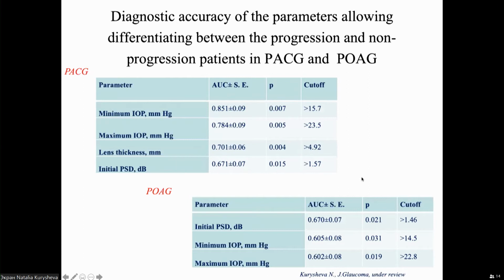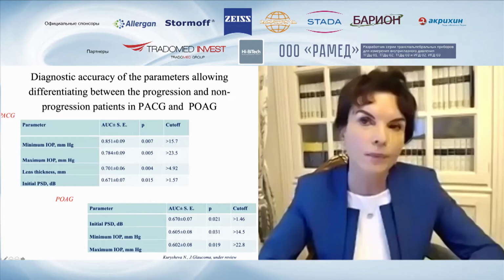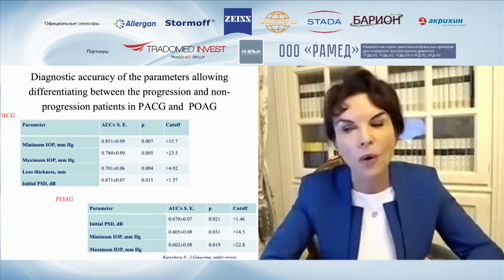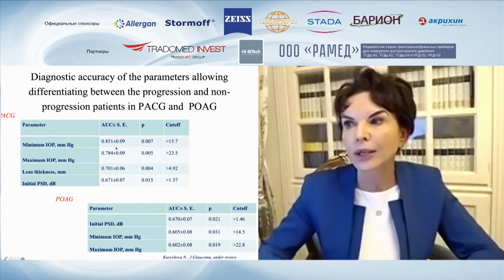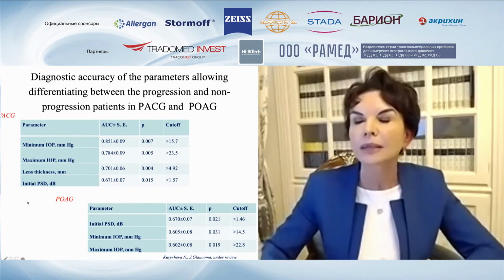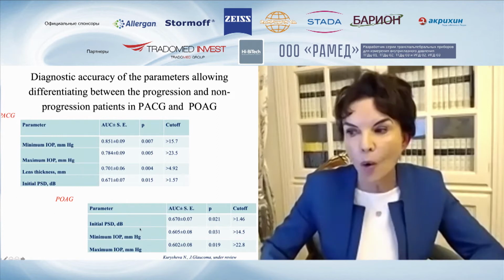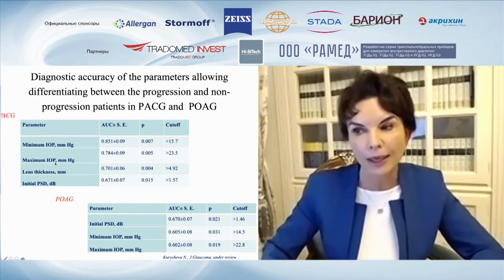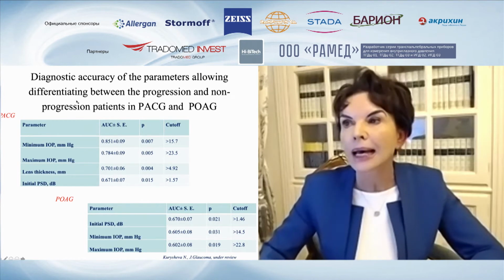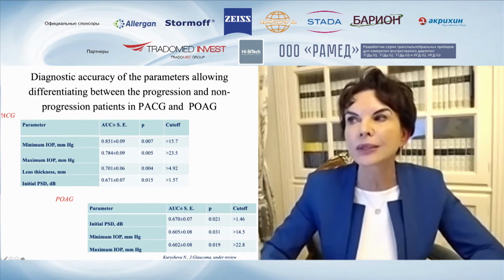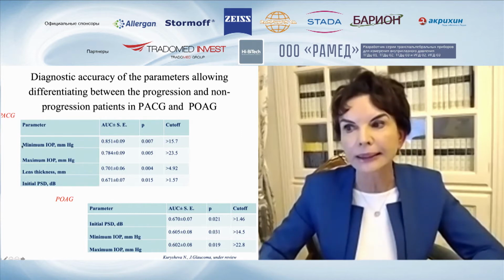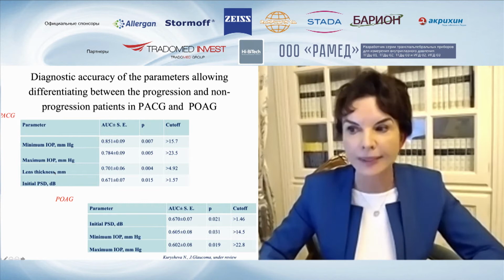We know that high IOP is the main risk factor of progression of glaucoma. And if you look at these areas under the curves in primary angle closure glaucoma and open angle glaucoma, you may see that the minimum IOP and maximum IOP had the higher diagnostic accuracy in predicting glaucoma progression in primary angle closure glaucoma, as well as the lens thickness.